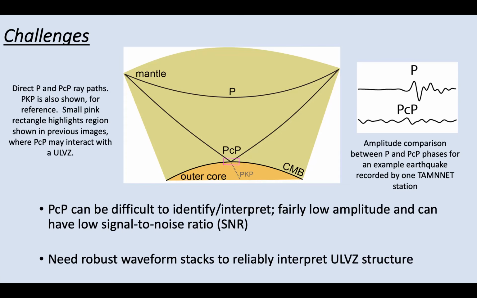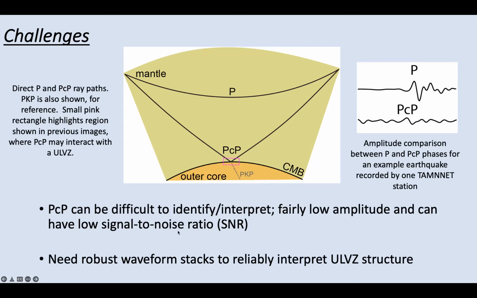Part of this is because, coming back to PKP here, a lot of the energy that would go into making our phase of interest actually continues into the outer core. So unlike, say, an S wave, you don't get as sharp or as dramatic a reflection at that interface.